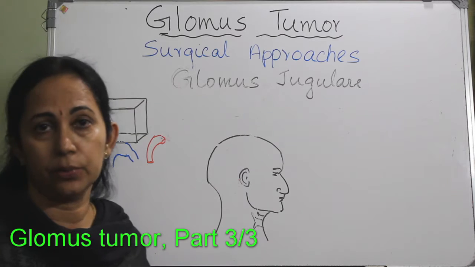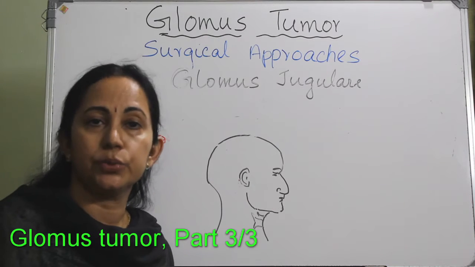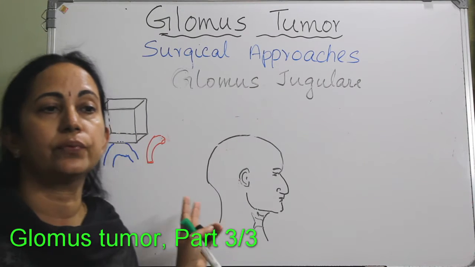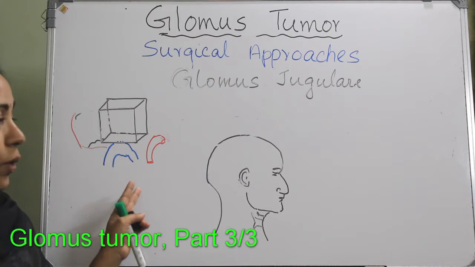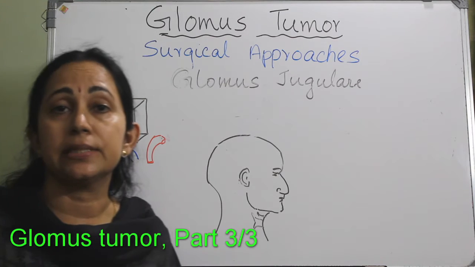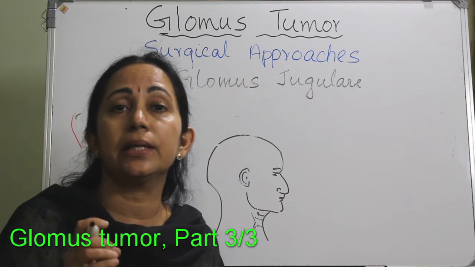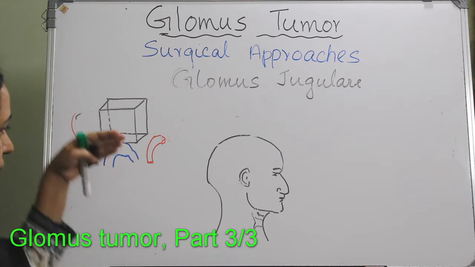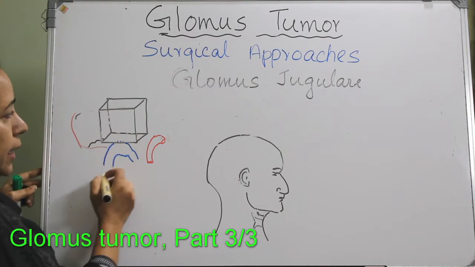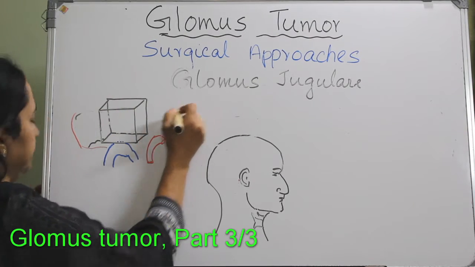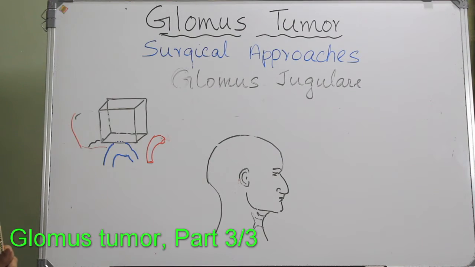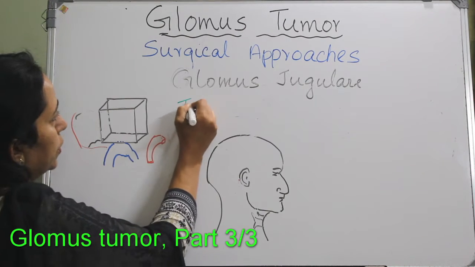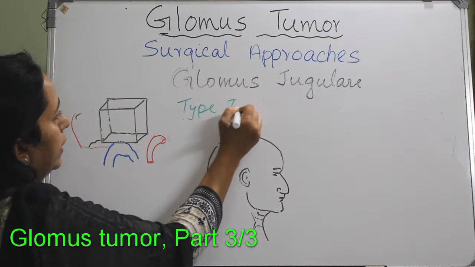that is the skull base. Okay. So in type 1 and 2 there is limited involvement of the jugular fossa along with the infralabyrinthine segment and also the tympanic segment of the internal carotid artery. This area will be the target area in case of type 1 and 2.